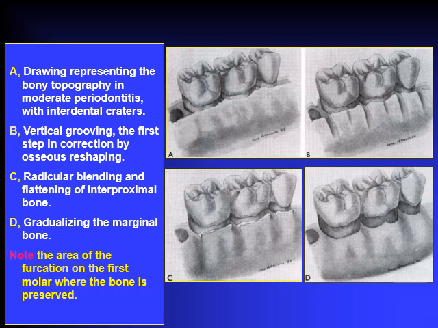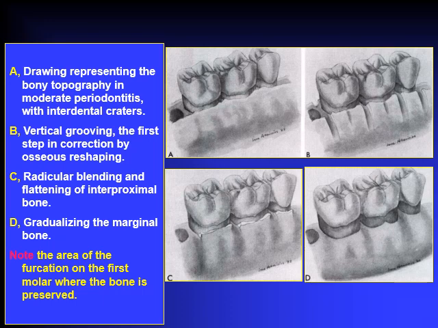Gradualizing of the radicular blending. Radicular blending to make an even flowing thin radicular surface. This is in C, the radicular blending. So here we can't leave, as I mentioned to you, this shelf-like marginal bone. Okay, so we make here gradualization of the marginal bone.